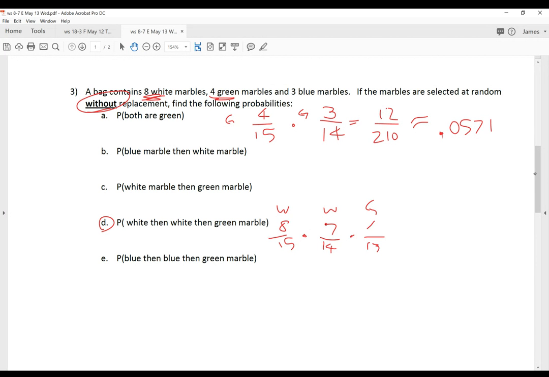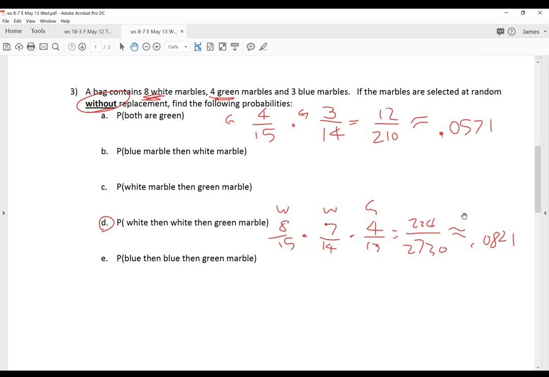Well, now you have 4 greens. You didn't take any of the greens out, they're all still there. So you multiply that out. That's 224 over 2730. So that should be 0.0821.